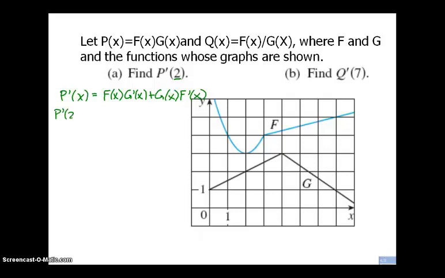So I'm going to show them that I realize p prime of 2 is the output of the function f at 2 times the slope on the function g at 2 plus the output of the function g at 2 times the slope on the function f at 2. So now what I've got to do is find all 4 of those pieces.